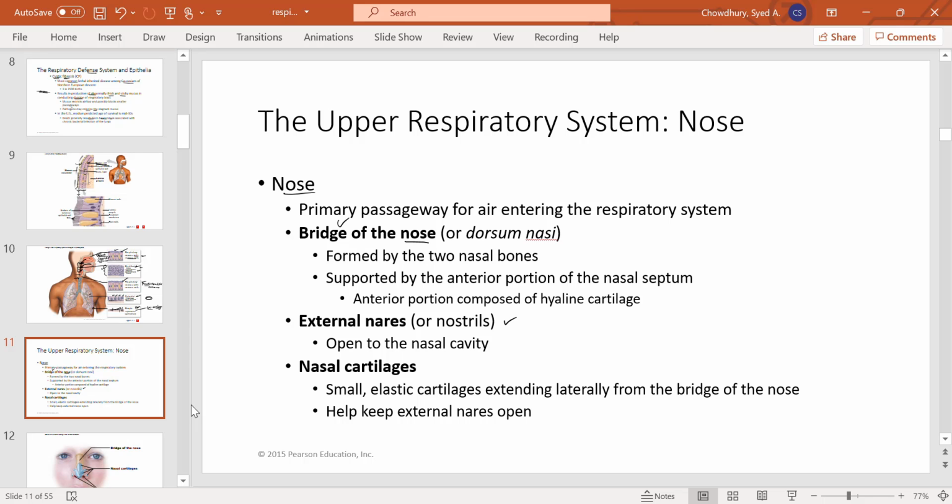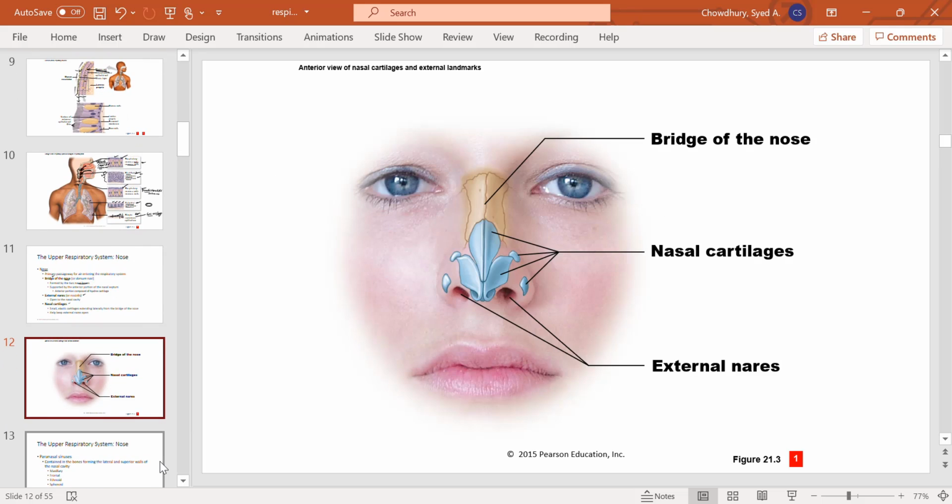And external nares or nostril is the opening, and then the cartilages. If you press the lower part of your external nose with your fingers, you can feel the soft cartilaginous part, right? So upper part is hard bony formed by the nasal bones, and lower part is cartilaginous that you can easily move, that has few pieces of elastic cartilages, and that's why you can easily move it.